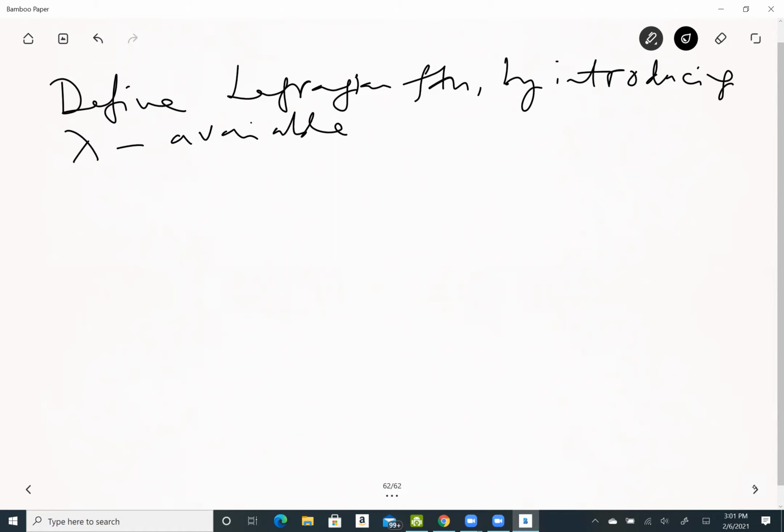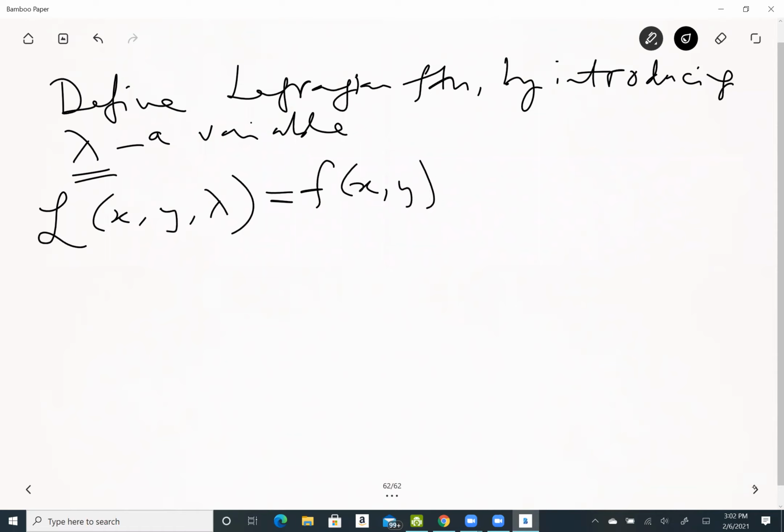The Lagrangian, L, which is a function of x, y, and lambda, will be equal to the objective f of xy, plus lambda that we introduced, multiplied by the constraint, g of xy minus k.